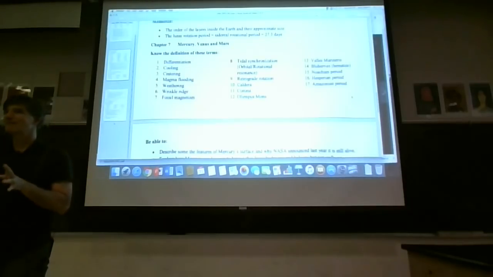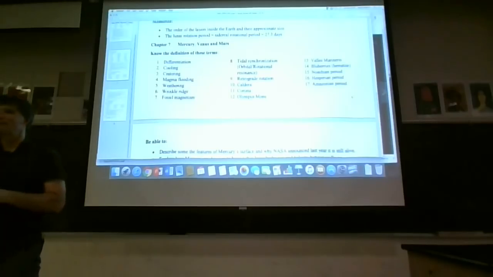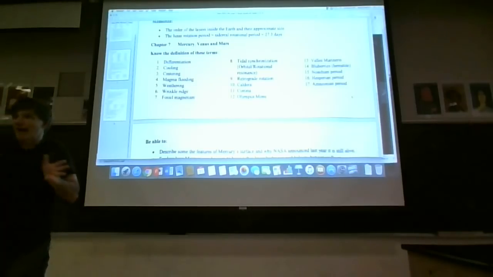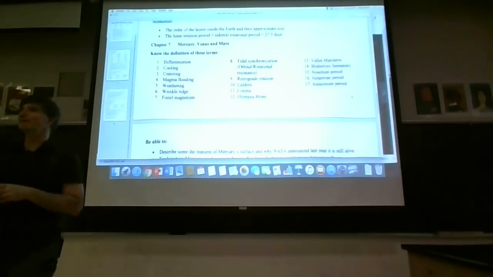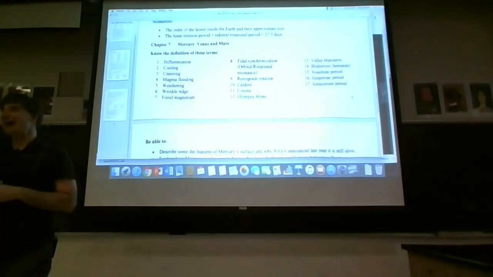But remember, this is a volcano the size of the state of Arizona, okay? I kind of want to tell you something, right? If you double the size of one dimension of something, what happens to the mass? It gets not 4, it goes as the dimension cubed, which means it's 8 times the mass.